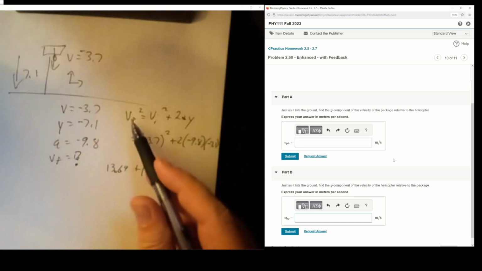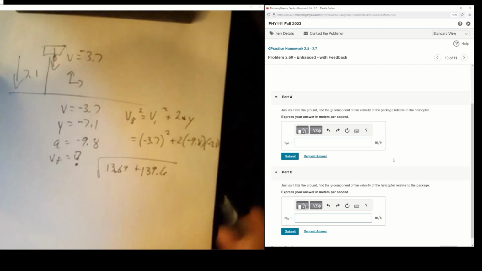Because this is velocity squared, we do have to take the square root to get final velocity.